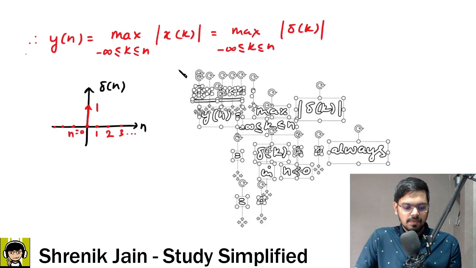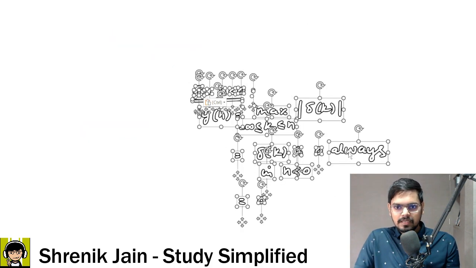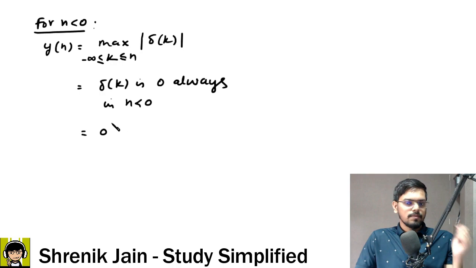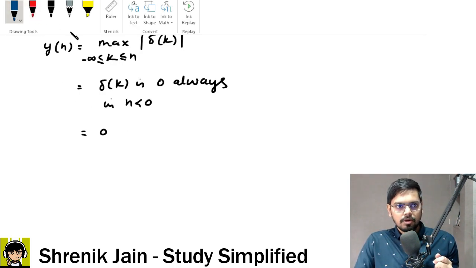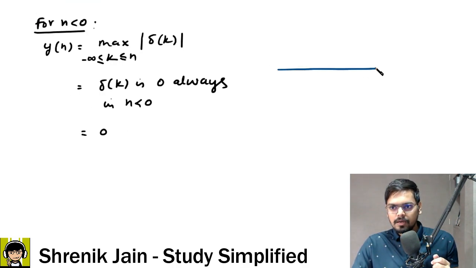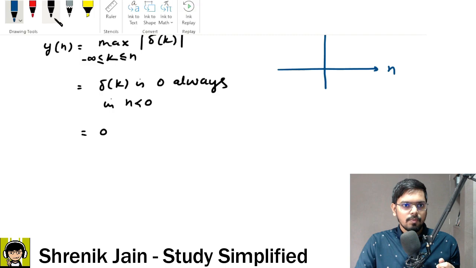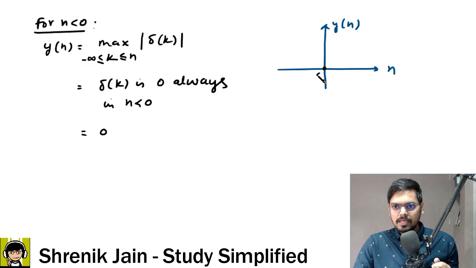Let me take this calculation to the next slide, and this part is clear. When I draw the plot of y of n, if this is n and this is the amplitude of y of n, it is very much clear now from the calculation. If this is n equal to 0, then for the negative values n is minus 1, minus 2, minus 3, and so on, everywhere the amplitude is 0.